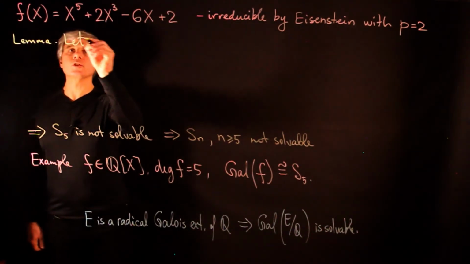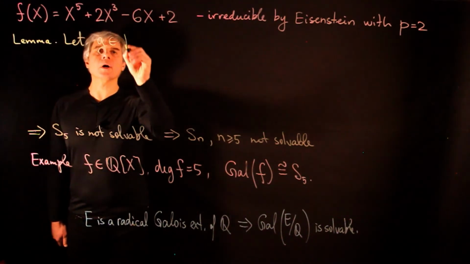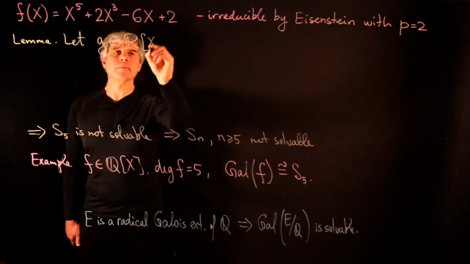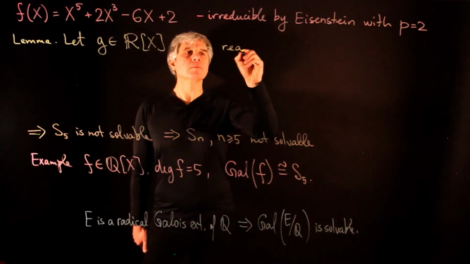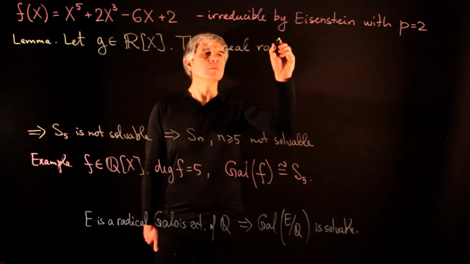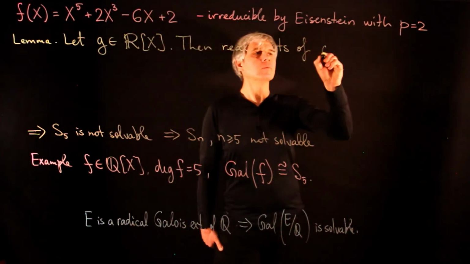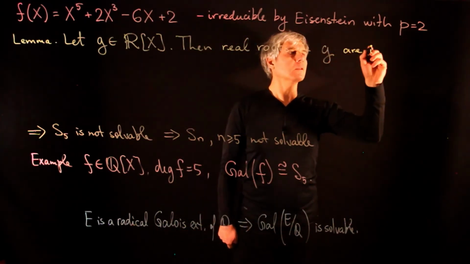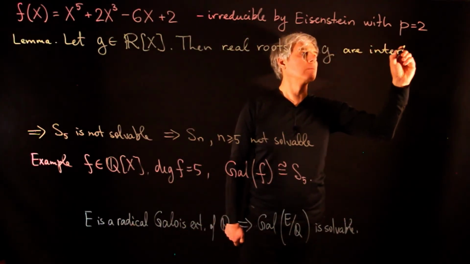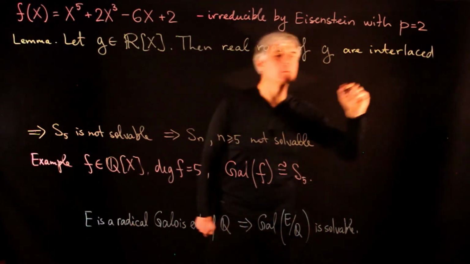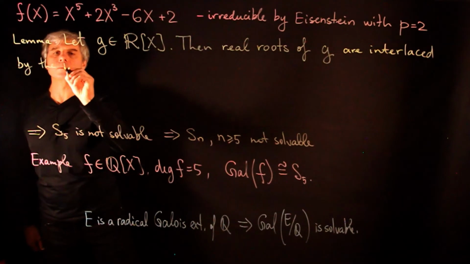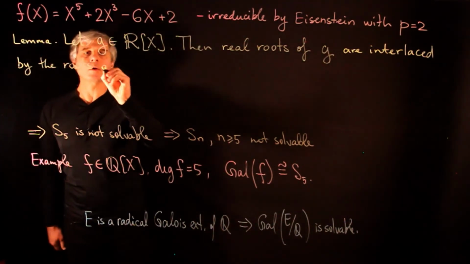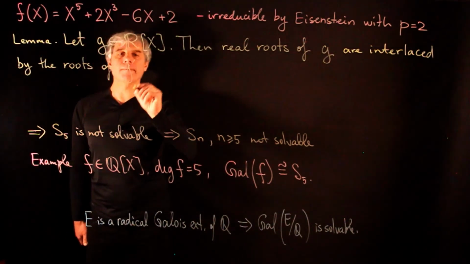Let g belong to R[x]. Then real roots of g are interlaced by the roots of the derivative g prime.